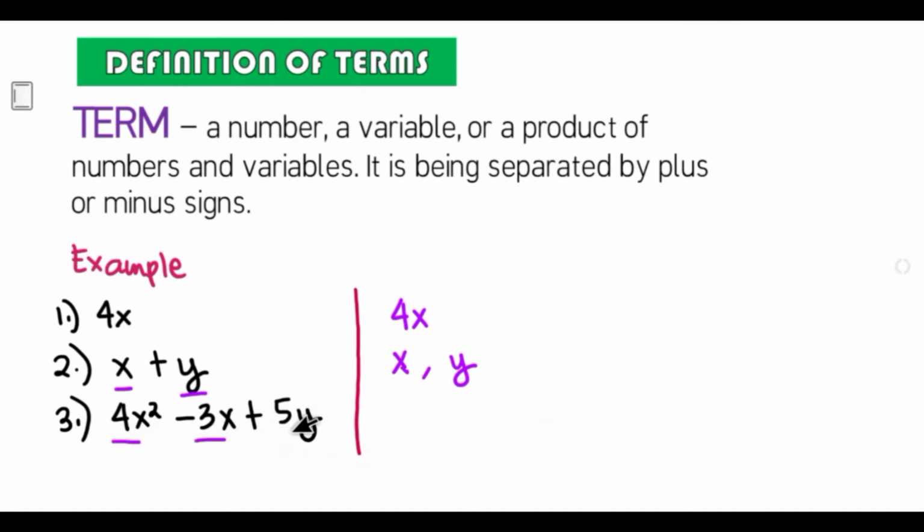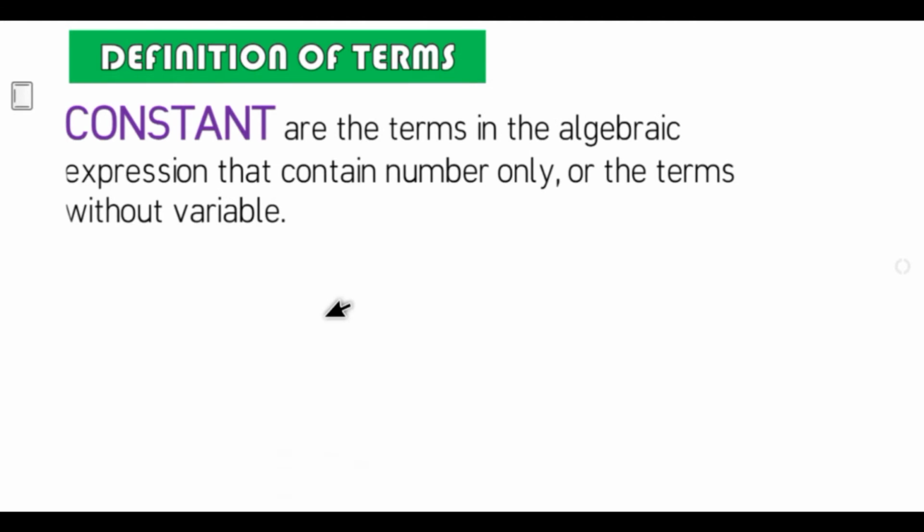So, ito yung unang term, pangalawang term, and then pangatlong term. So, sulat natin dito: 4x squared, and then yung isa is negative 3x, and then yung isa is 5y. So, yan po yung mga terms. Ayan. So, tandaan natin, yung mga term ay pinaghihiwalay ng plus or minus signs. Like, these 3.